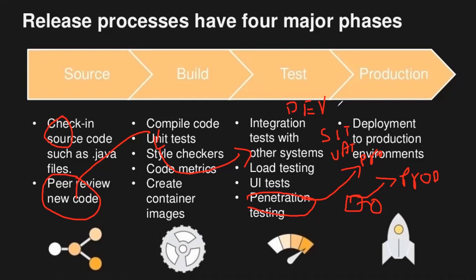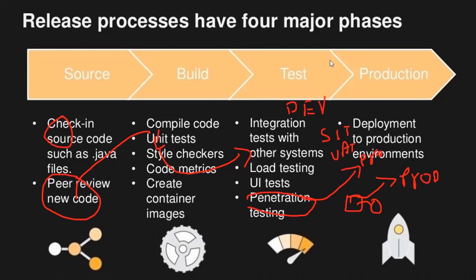The reason is, if I say I'm deploying something in production, it has been aggressively tested across all these environments, so that I can very well say the version deployed in production is going to be more stable.